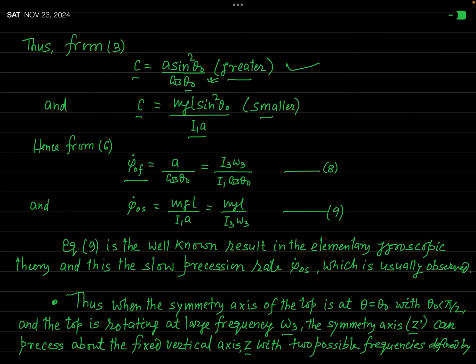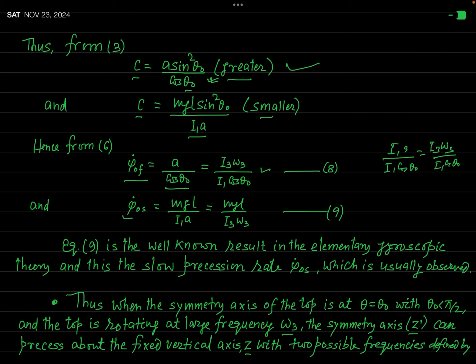When you take C equal to this much in the expression for phi naught dot, then your result will be a over cos theta naught. And this can be written as I1a over I1 cos theta naught. But you know I1a is equal to I3 omega 3, so I have written it here as I3 omega 3 over I1 cos theta naught.